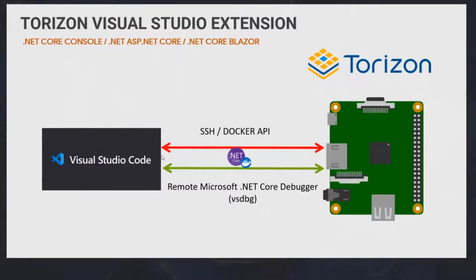And using your development PC and Visual Studio Code, you can connect to the device and deploy using Docker. The extension will do this automatically for you, pack the Docker image with your application, and connect to the remote debugger. Great.